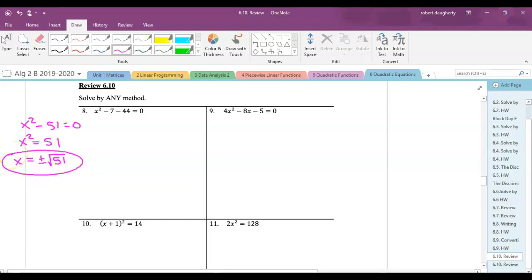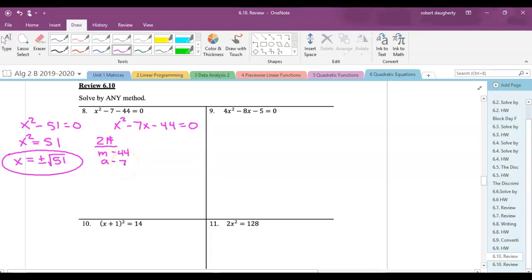What I think this problem was meant to be was this: x squared minus 7x minus 44 equals 0. On a test, don't interpret what I meant, just do what was written. So this would factor if I could find two numbers that multiply to negative 44 and add to negative 7.